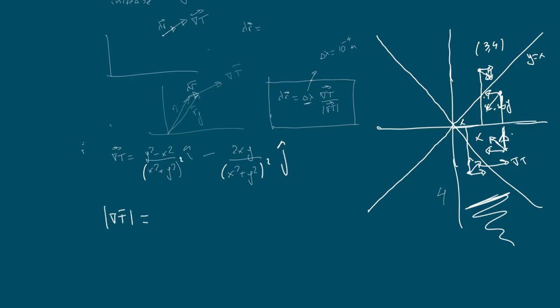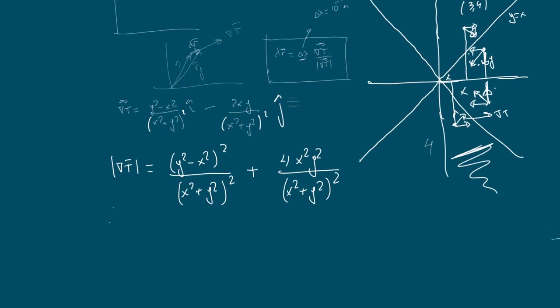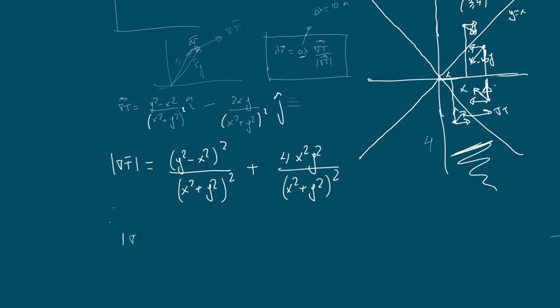The magnitude of the gradient of T is y squared minus x squared divided by x squared plus y squared, squared, plus 4 times x squared y squared divided by x squared plus y squared, squared.